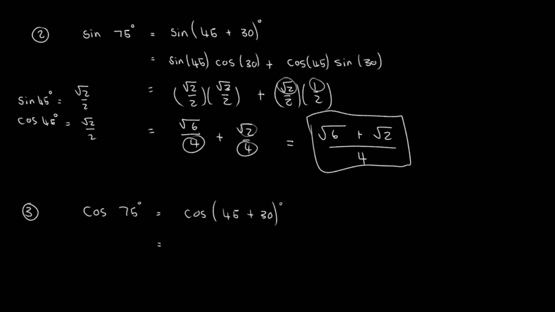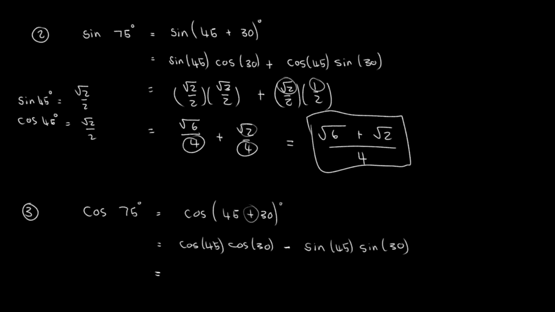I can rewrite this as cosine 45 times cosine 30. And now remember, since there's a plus symbol over here, we're going to use the reciprocal: the sine of 45 times the sine of 30. Now we can just use the values above. We've already found all the values.